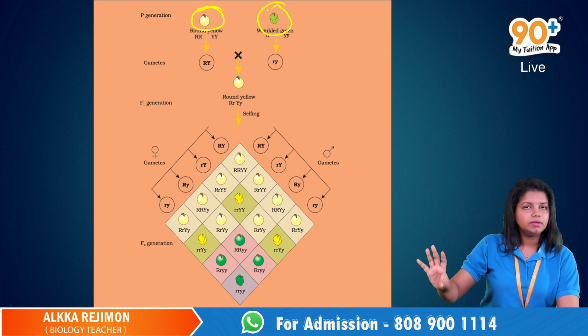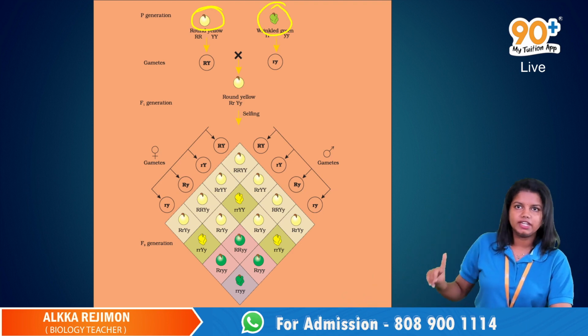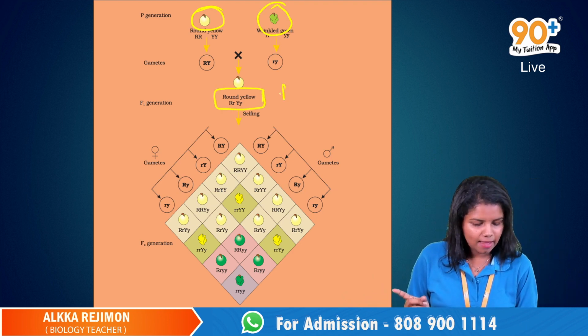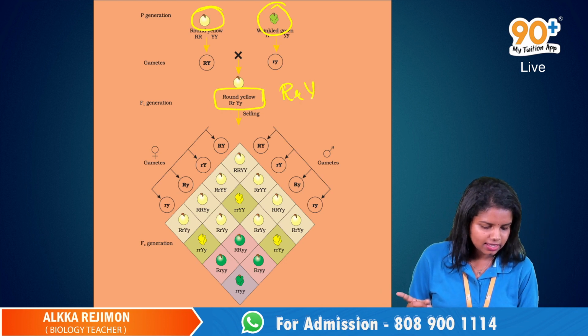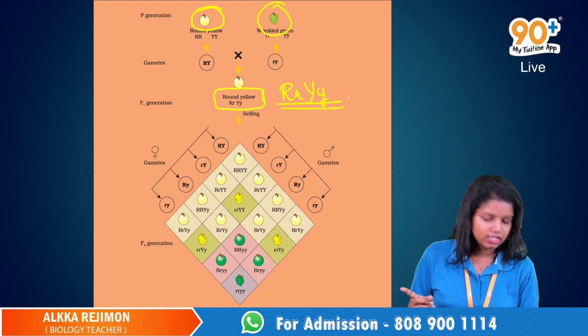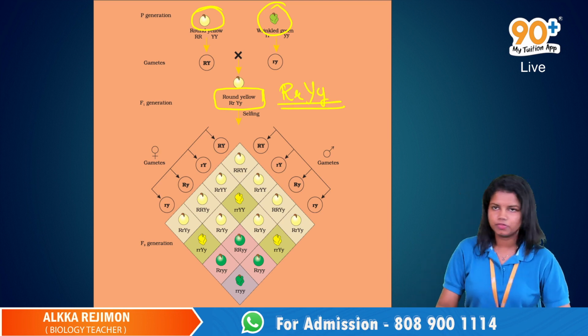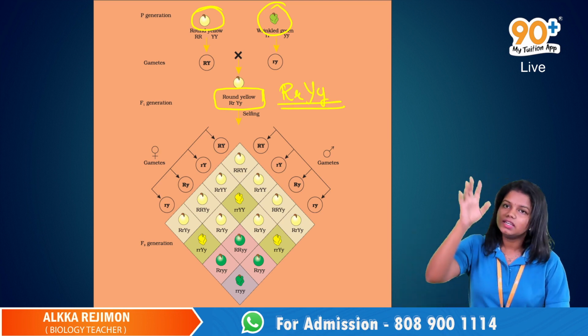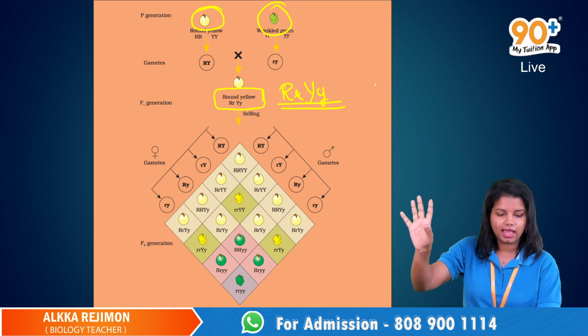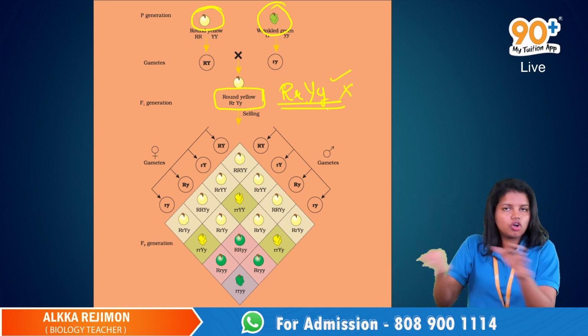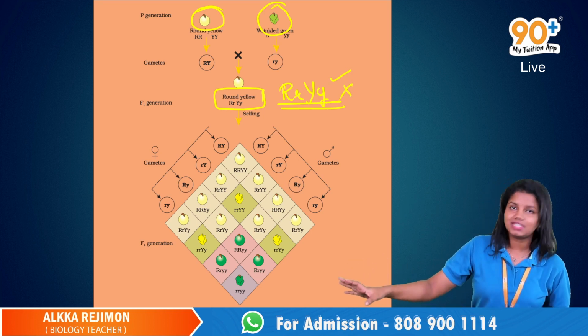They are cross pollinated as we did earlier, and you will get the F1 generation which is capital R small r capital Y small y. This will be the genotype of the F1 generation. Okay, now what is the second step? We have to self pollinate this capital R small r capital Y small y, which means cross them with each other. That's the second stage.